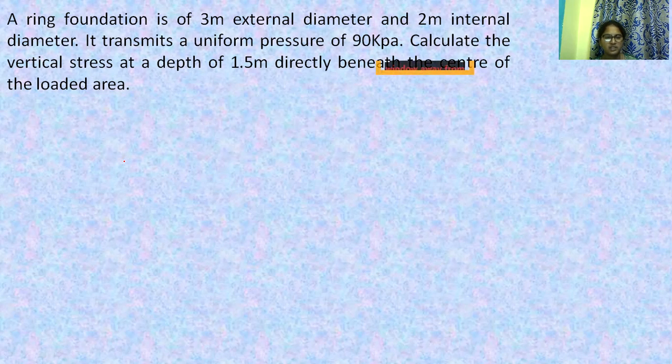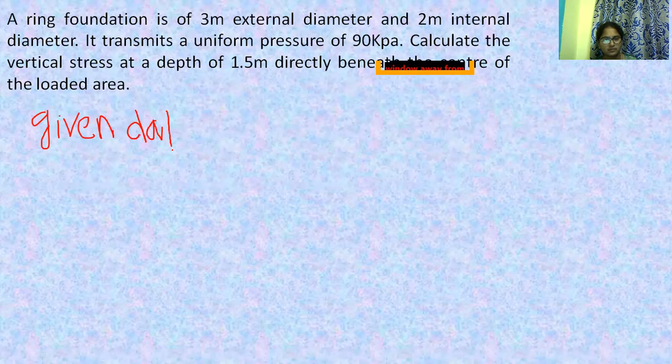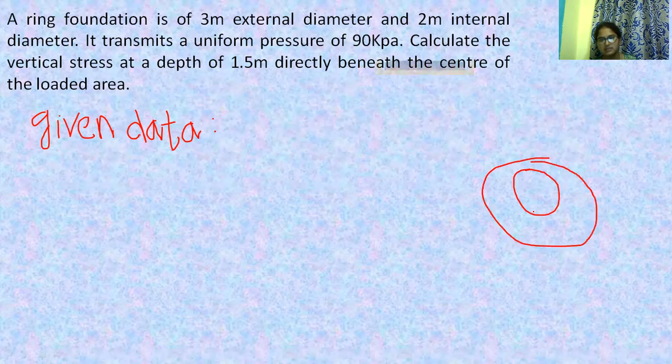So first, write the given data. Draw the diagram: two circles, an internal circle and an external circle.